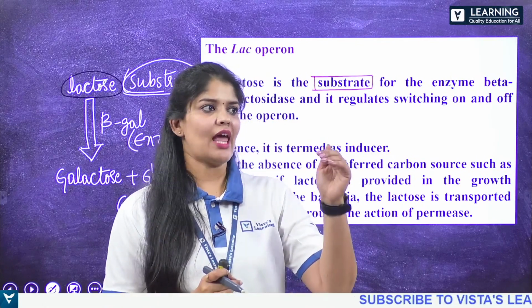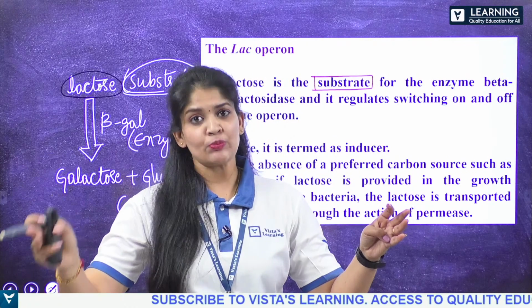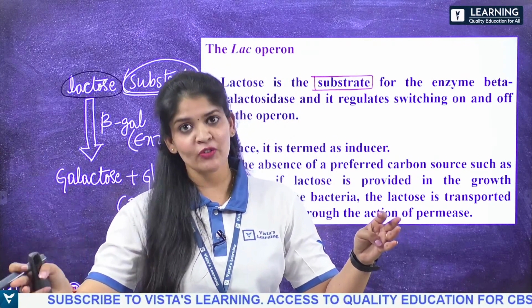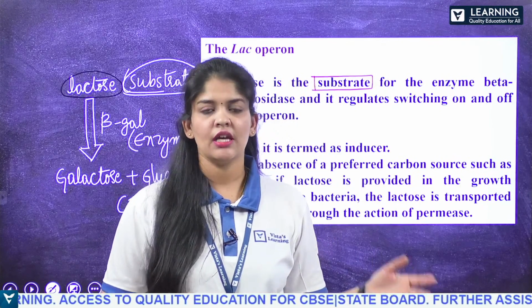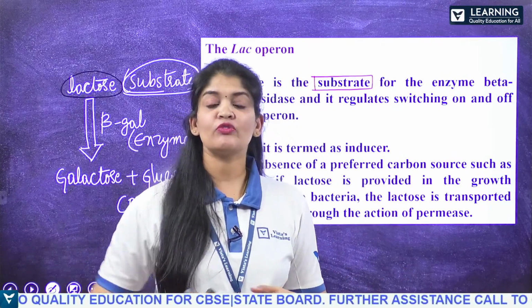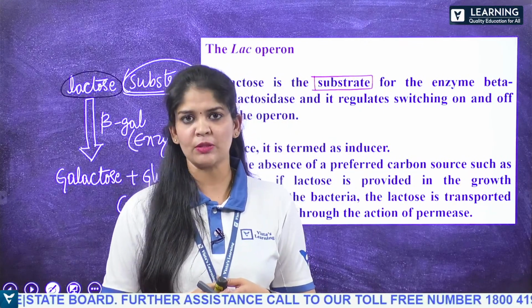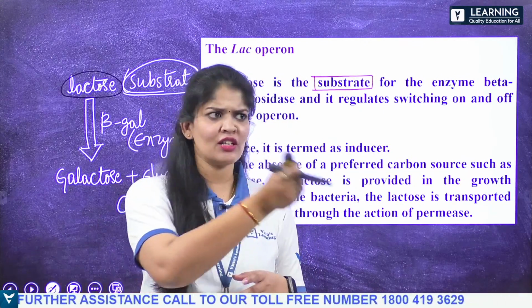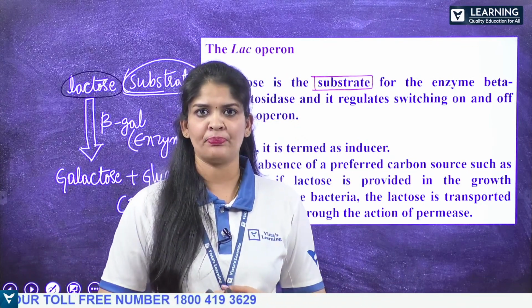Simple. If lactose is present, it requires beta galactosidase. So, the expression of the gene which codes for the beta galactosidase is needed. If the lactose is not there, then why do we need the presence of the beta galactosidase? We don't need it, because it needs to work on the lactose. If lactose is not there, there is no work for the beta galactosidase itself.